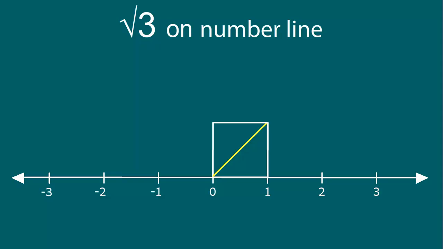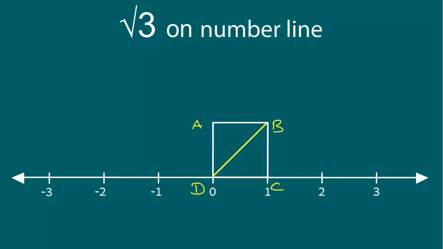This length is square root 2. So let's name this square. So let's say this side is A, this side is B, this side is C, and this point I should say, is D. That means the point D coincides with the number 0 on the number line.